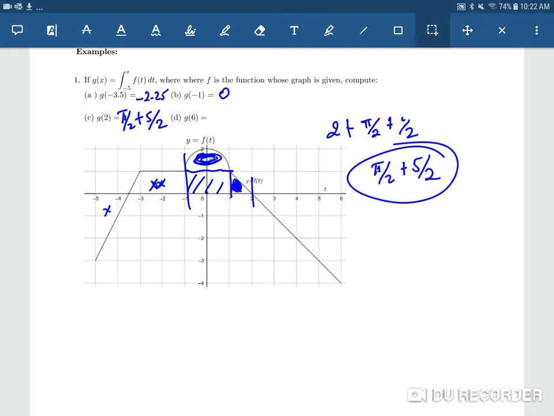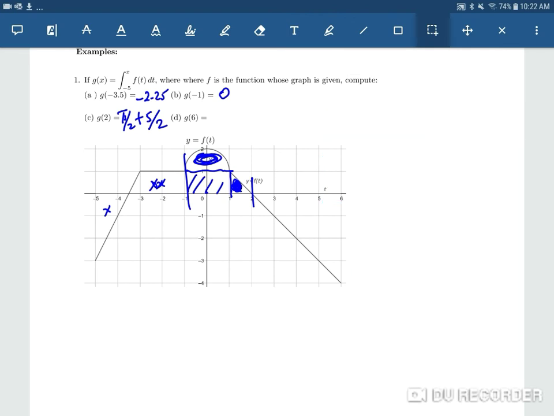And the last one is g of 6. So to calculate g of 6, let's use 6. So from -5 to 6. The integral will be this negative area, this positive area, and this negative area.